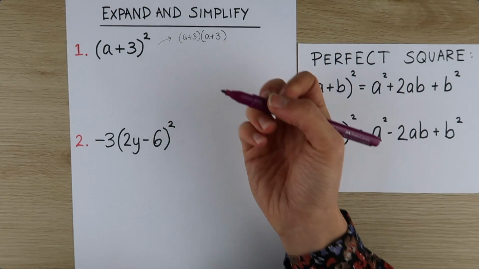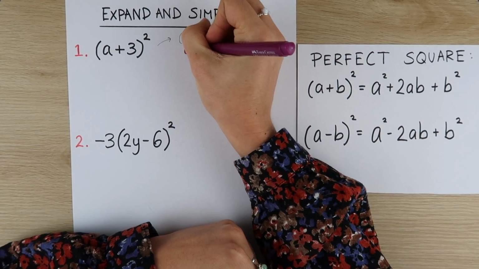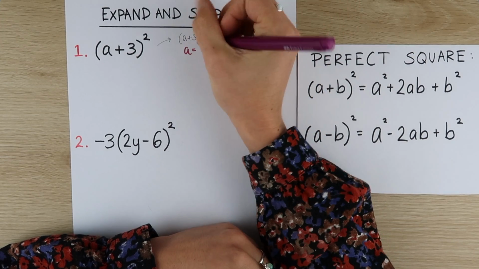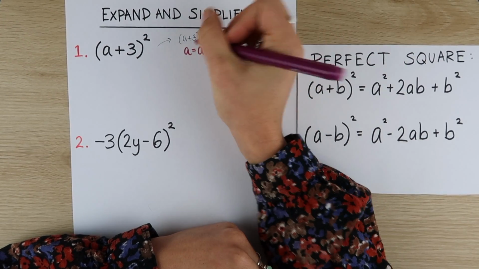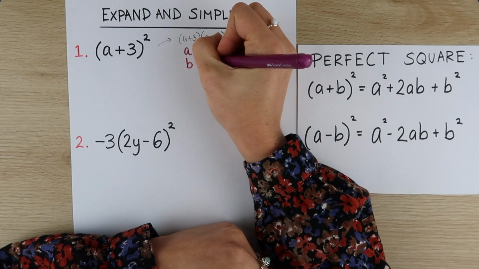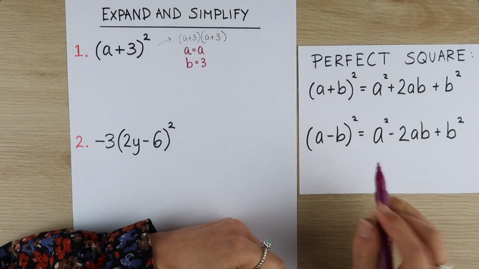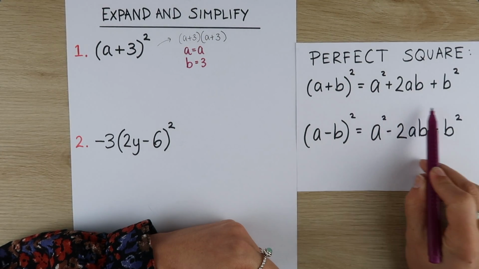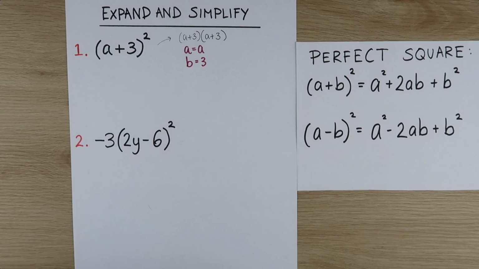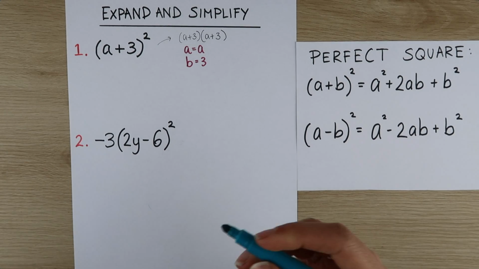It's really good to start by defining what A and B is. So A is just A, that's easy. B is 3. So now every time I see A or B in this formula, I'm going to rewrite it in mine.